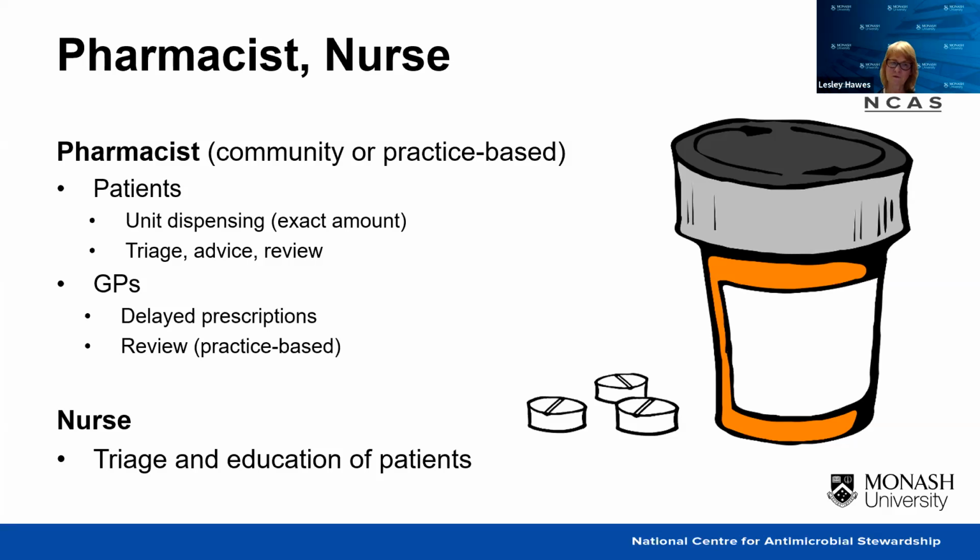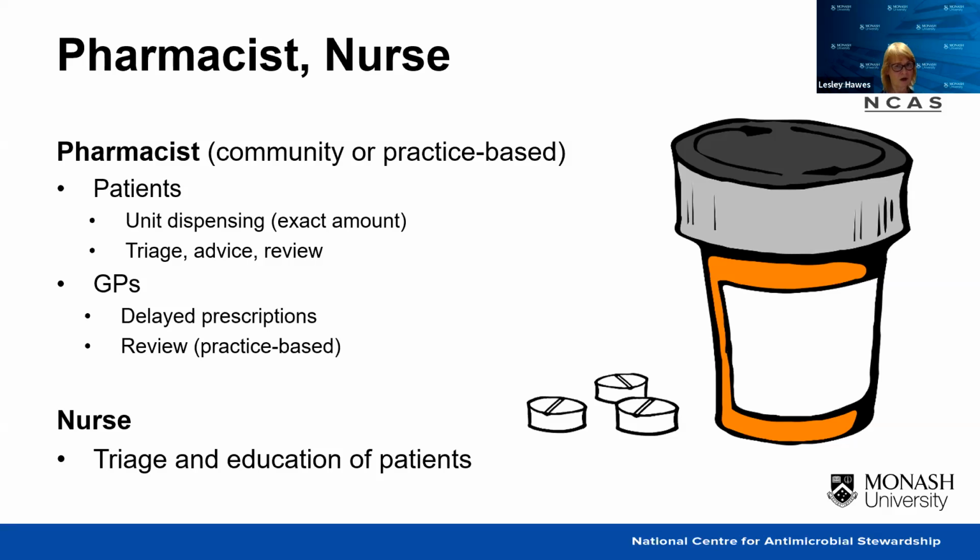Then the other role for the pharmacist in the literature was to review antibiotic prescriptions. And as the expert interviewees suggested, we now have a role for pharmacists in the general practice. We now have some funding for that. It's not actually for antimicrobial stewardship, but possibly it's something that could be looked at in the future.